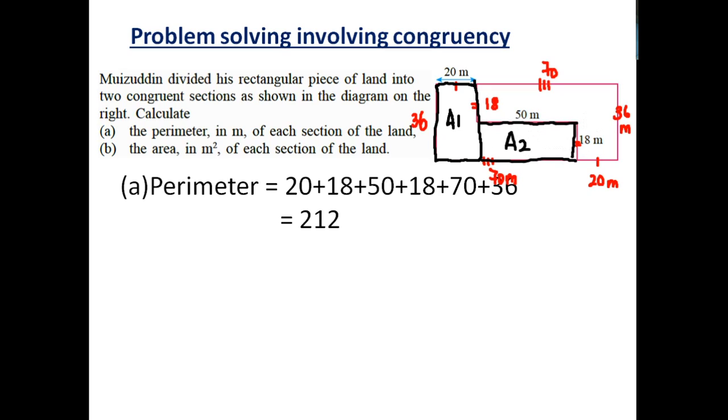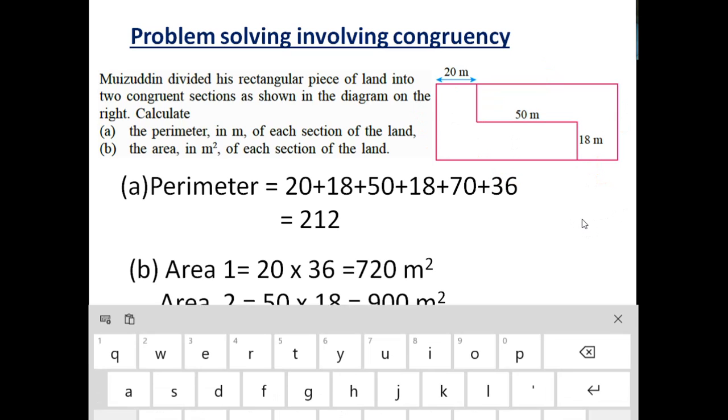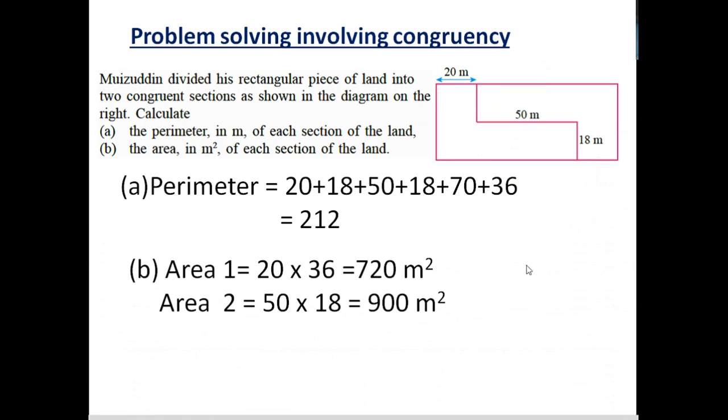Okay, so how to find the area? The area of the rectangle A1 is length times width. Same with this one also, A2 is also a rectangle, so length times width. So now we check the answer. Area 1 is 20 times 36, which is 720.